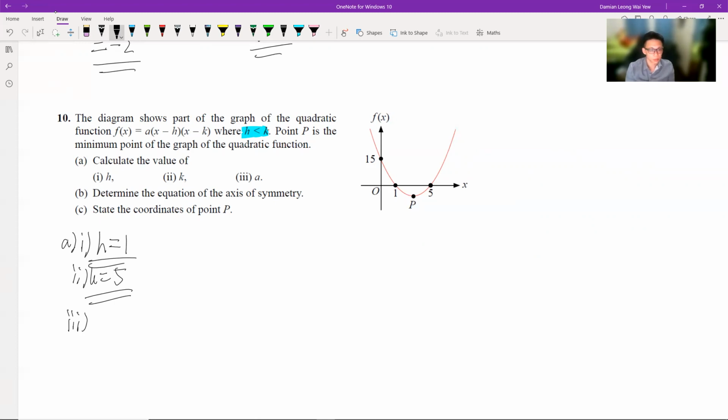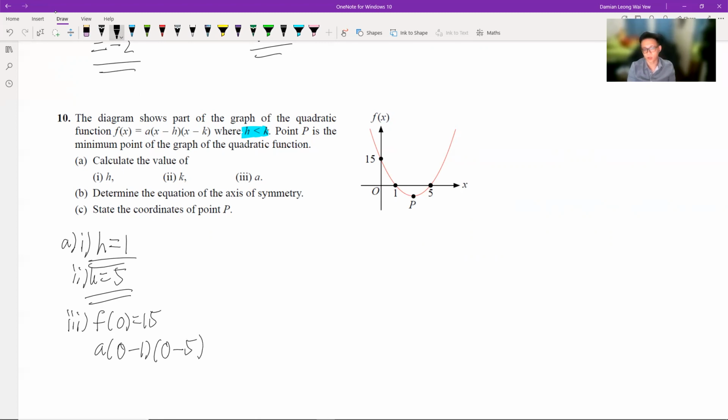Okay. So F0 equals 15. So I know H is 1, K is 5. Means A times 0 minus 1 times 0 minus 5.